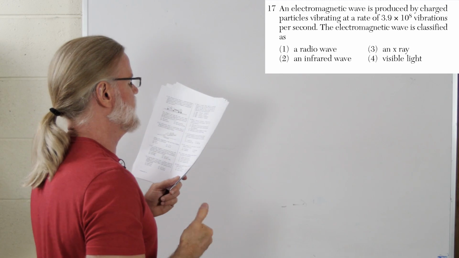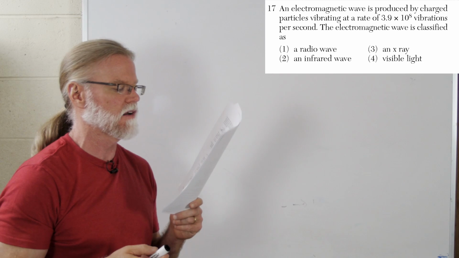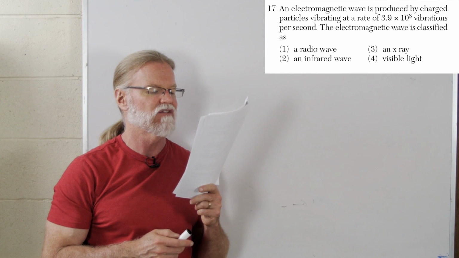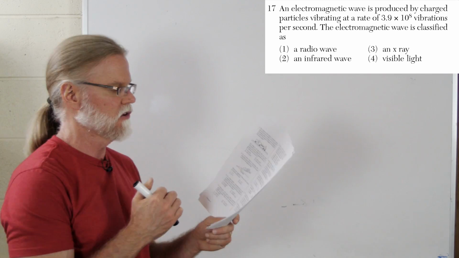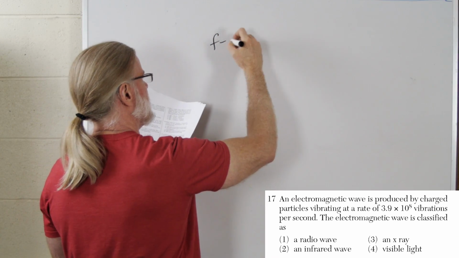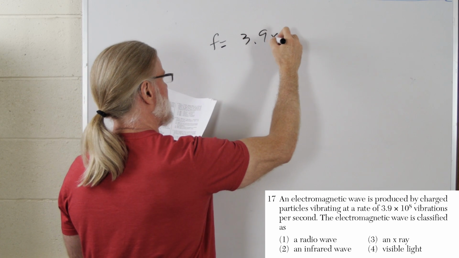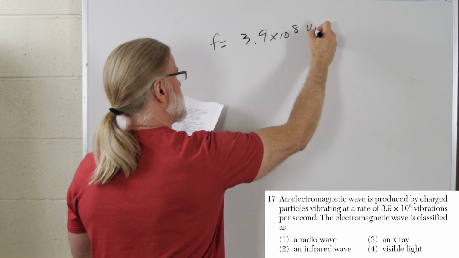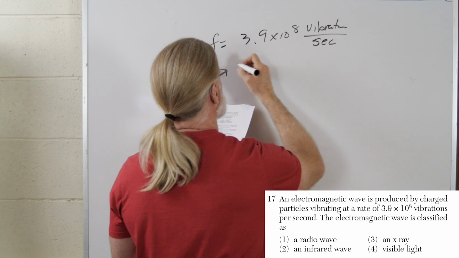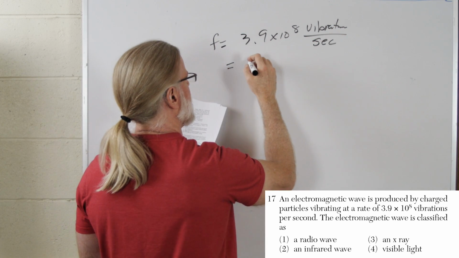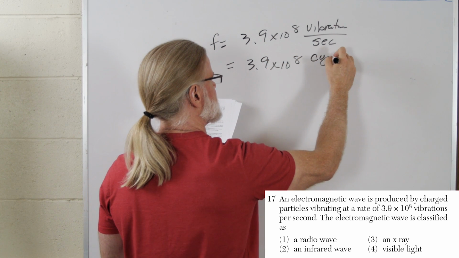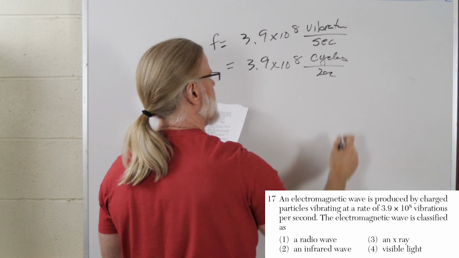17. An electromagnetic wave is produced by charged particles vibrating at a rate of 3.9 times 10 to the 8 vibrations per second, also known as a cycle per second. They just gave us the frequency. Frequency equals 3.9 times 10 to the 8th vibrations per second. I wonder if those are good vibrations. 3.9 times 10 to the 8th cycles per second would be another name for that vibration.